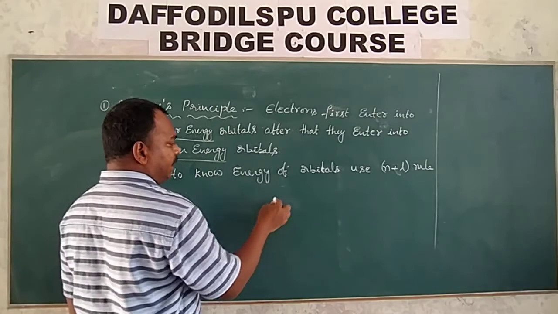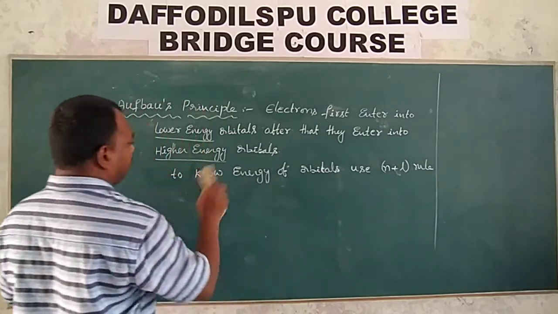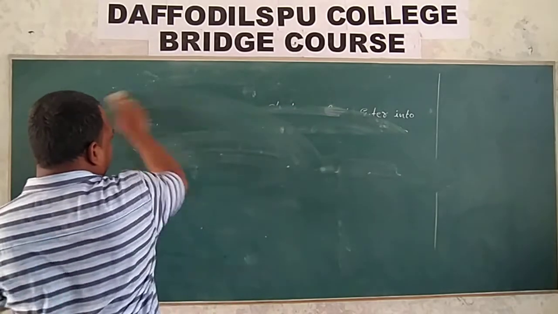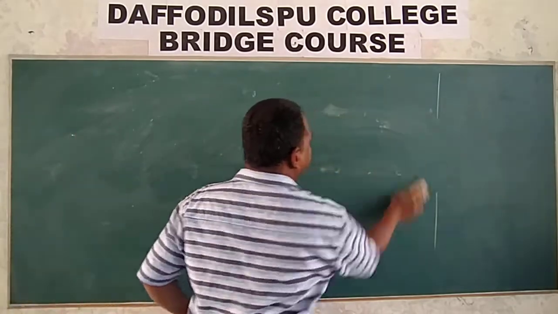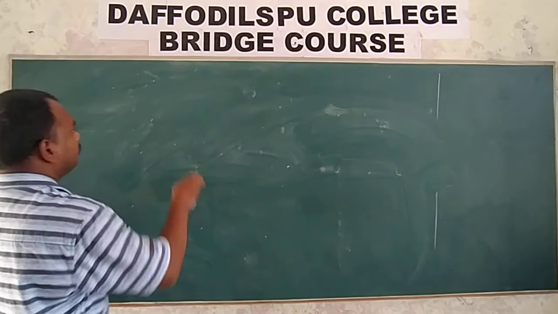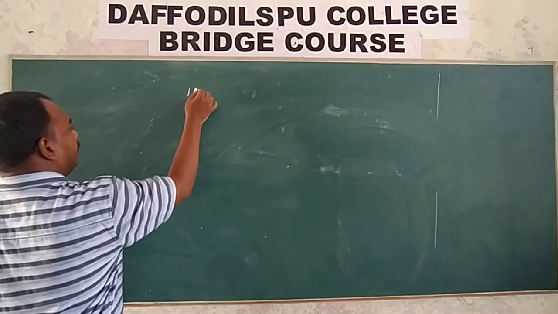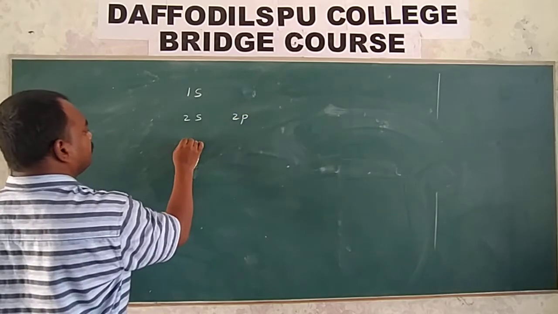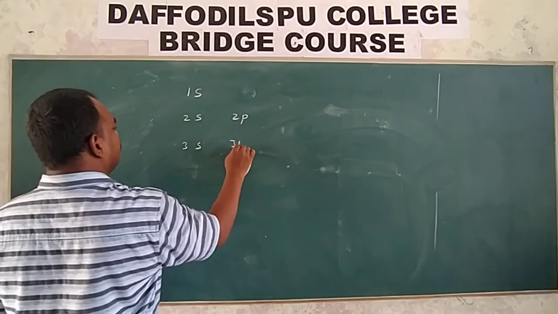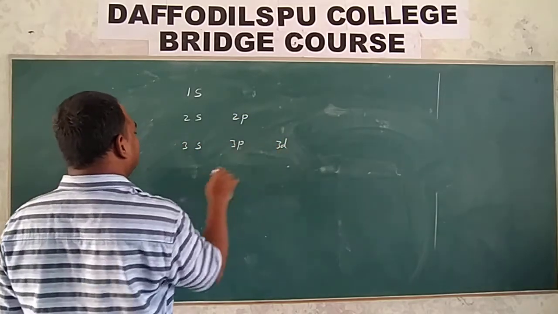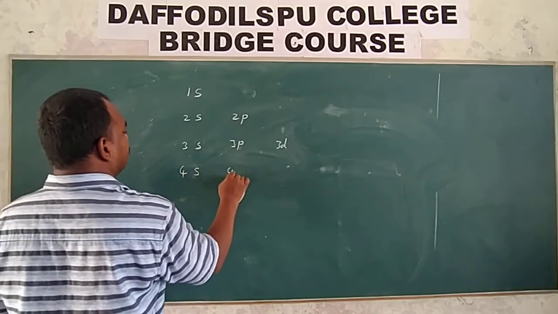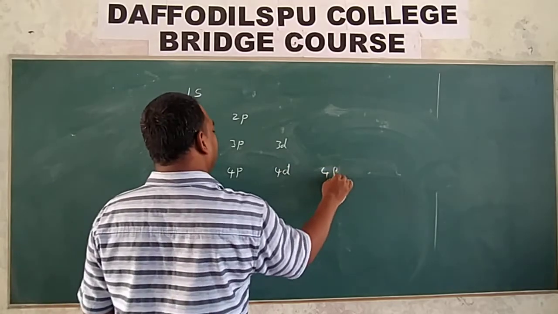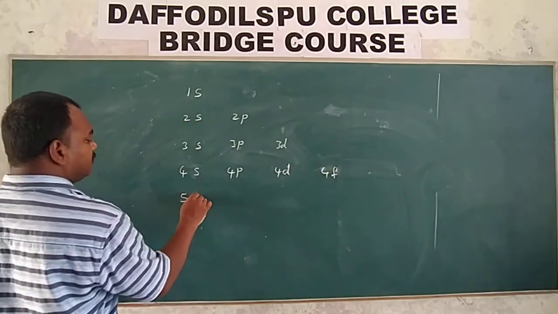So I am again writing all those things here. I am clearing this one. 1s, 2s, 2p, 3s, 3p, 3d, 4s, 4p, 4d, 4f. Take the fifth energy level.